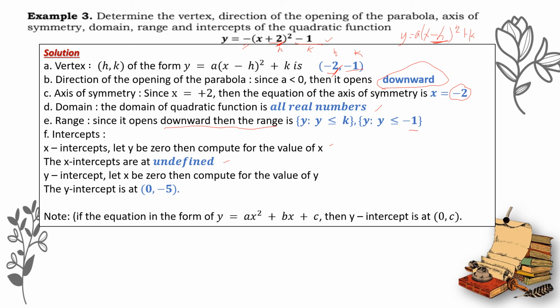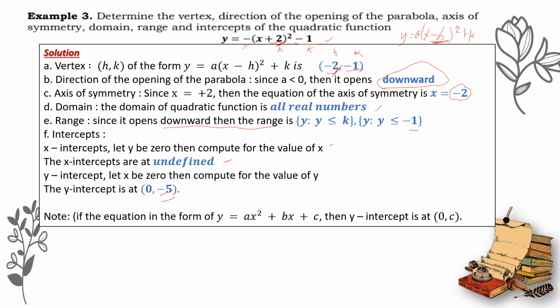Nasa quadrant 3. So, wala po tayong mahahanap na x-intercepts. And then, ang y-intercept naman, let x be 0. Pag kinompute po natin yung y value, ilelet natin yung x as 0, makukuha po natin na ang y po natin ay negative 5. Okay? So, ang y-intercept natin is at 0, negative 5.